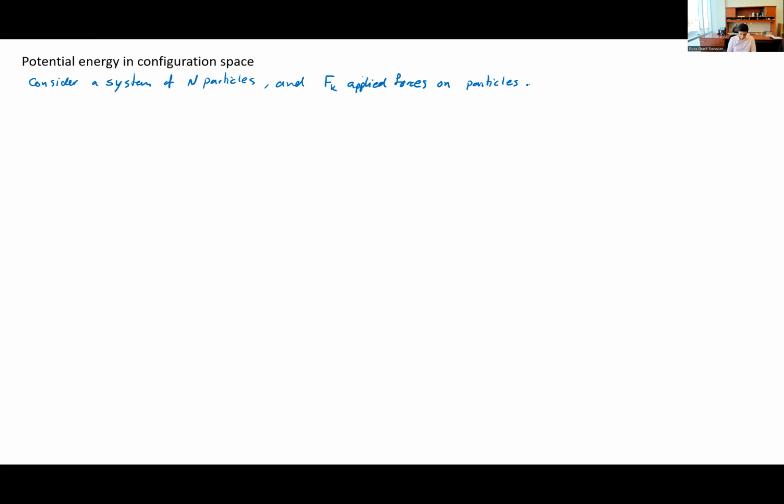Also, let's assume forces are all conservative.